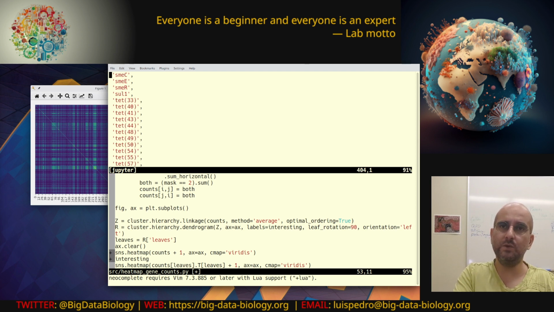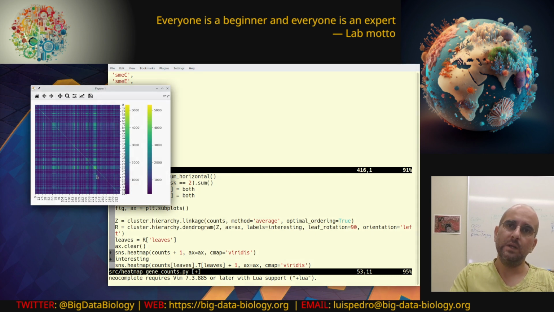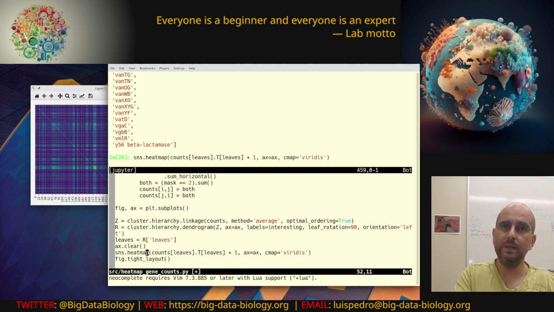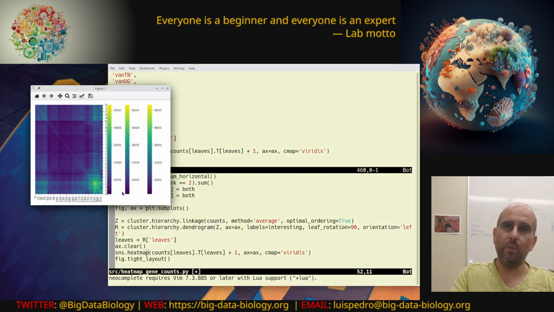But you can see there are these groupings. For example, all of the TET genes show up together and constitute one of these mini clusters, but this is still a little bit meaningless.